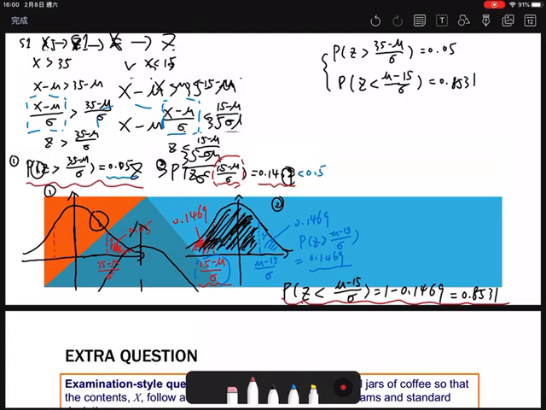Now for the first one, we can use the table on the second page of the table, which is called the percentage points of the normal distribution.